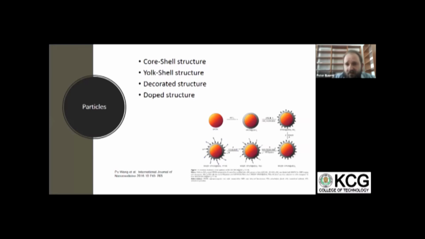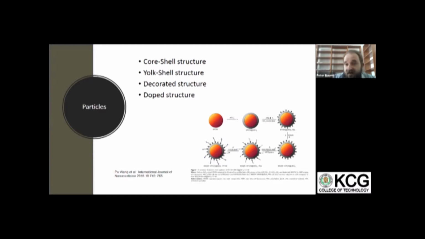Or we can group the shape of these particles. You can see this list. For example, a core shell structure we can prepare. In this case, we prepare a core nanoparticle and we cover its surface with another material.